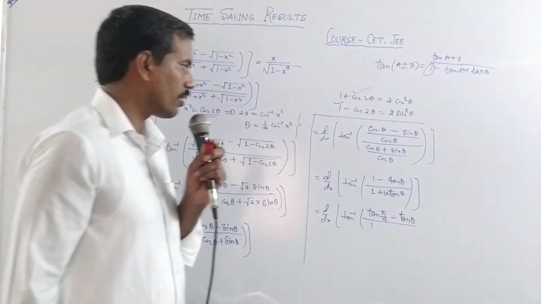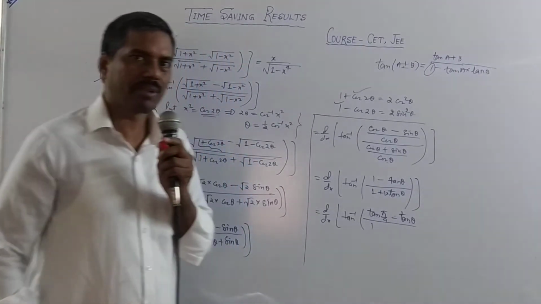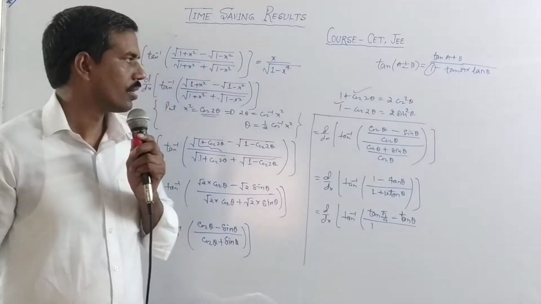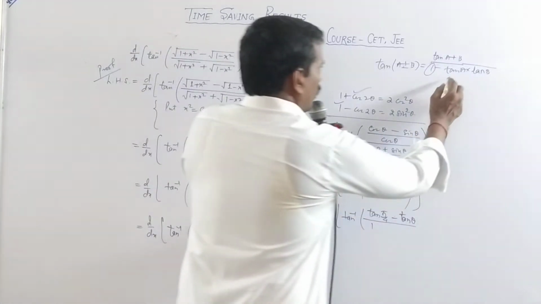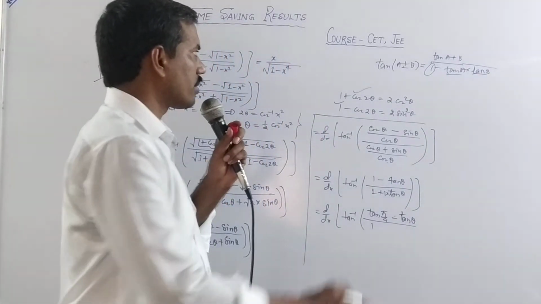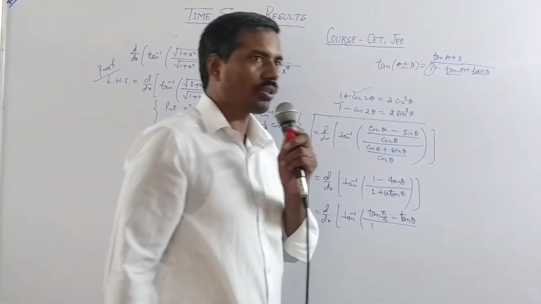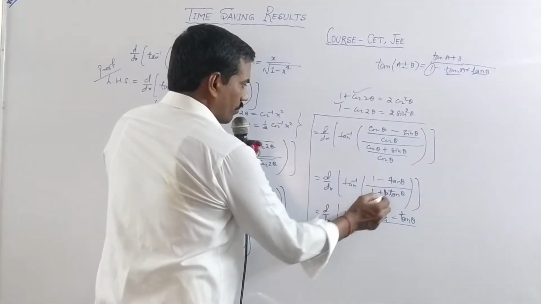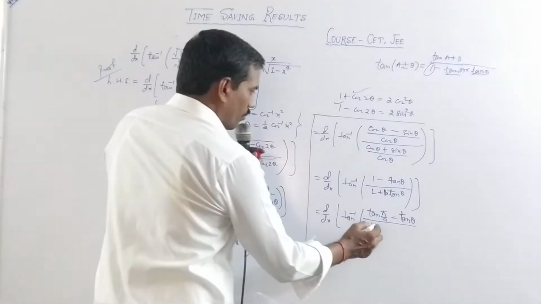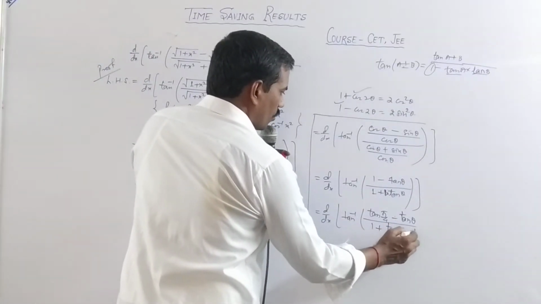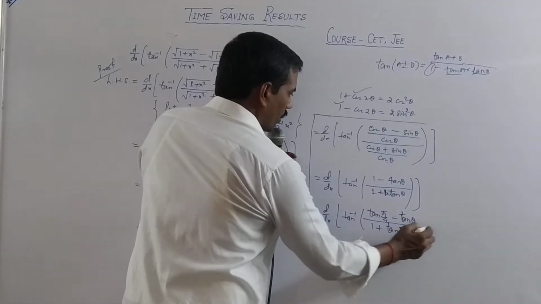We can multiply 1 by 1 in any place. Any number multiplied by 1 is the same. Since there are two terms in the second term of denominator and both are multiplied by each other, write 1 and put the value of 1, which is tan pi by 4 into tan of theta.